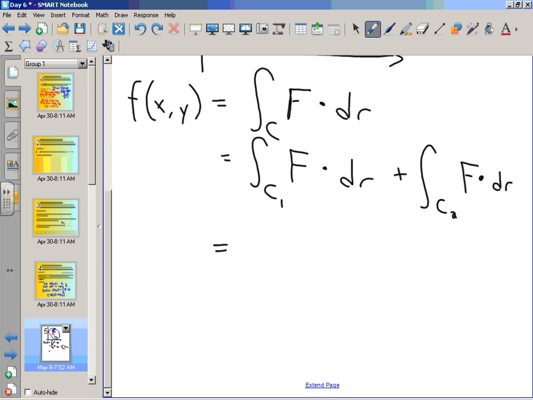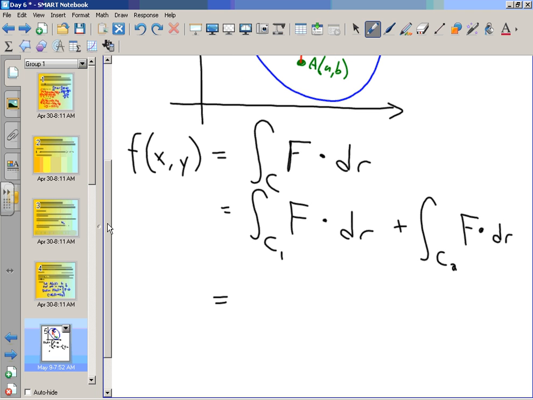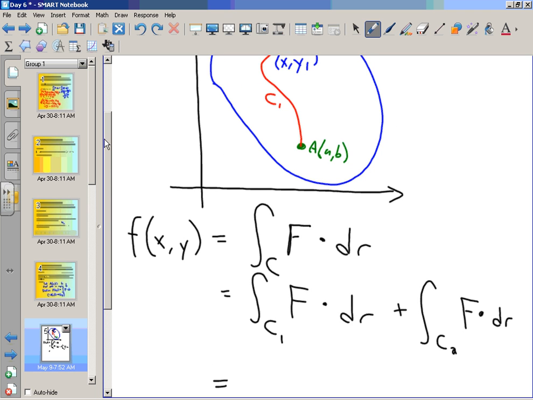Okay, and so if we want to switch to our parameterization, and again, we can be pretty general about this because we haven't really defined a specific curve for C1, we can just say that C1 is parameterized by some vector function r of t.